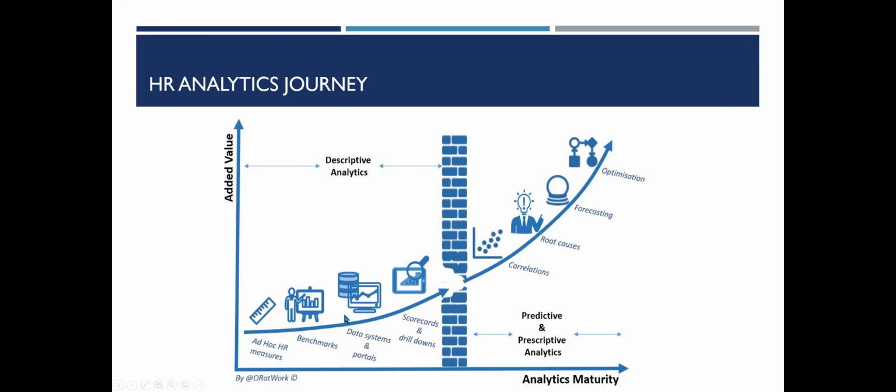Next would be data systems and portals. Here is when organizations start to purchase systems, software, even hardware to contain and store the data, and not just that, to be able to do some form of reporting and some sort of analysis. Next would be scorecards and drill downs.